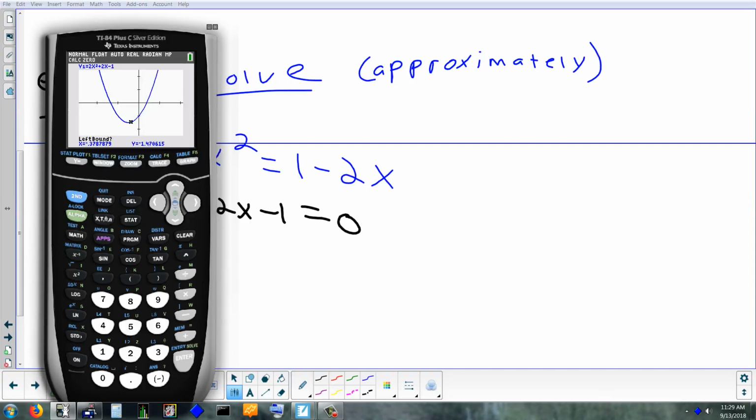You want to stay on the left of one side. I'm going to have to do this process twice. I'll go to the left of one of them and hit enter, and then go on the right. You're basically telling the calculator to look between these two lines. And the guess isn't really important because it only crosses once. So one of my answers is negative 1.37.